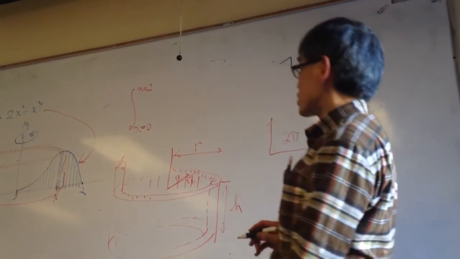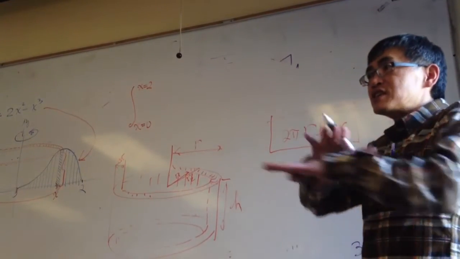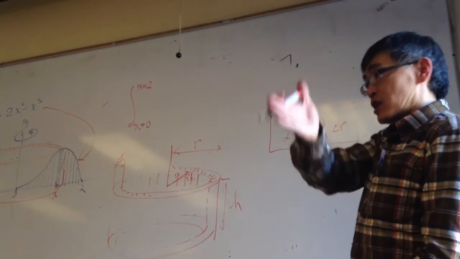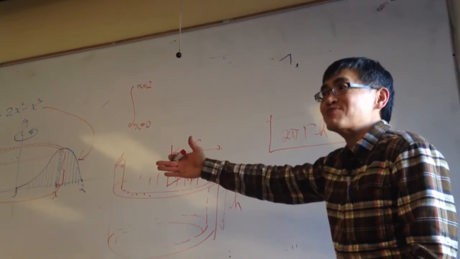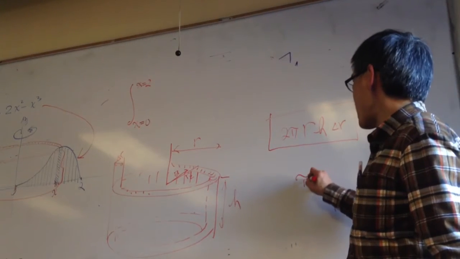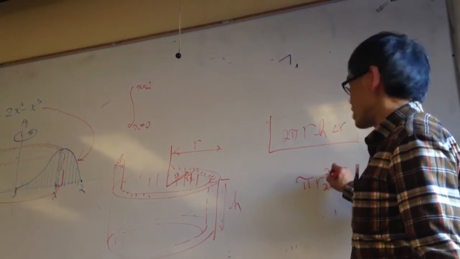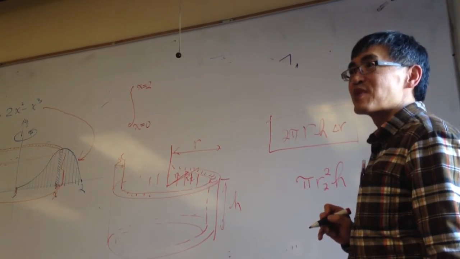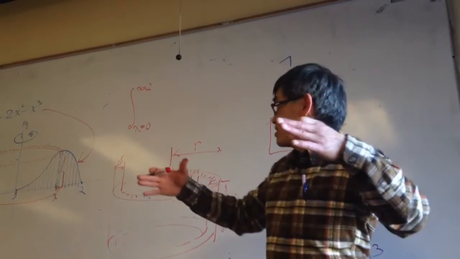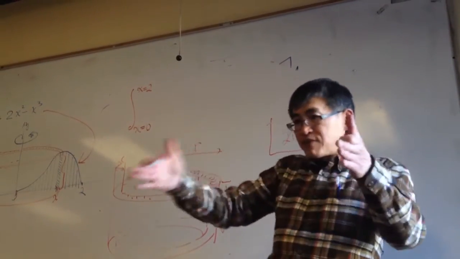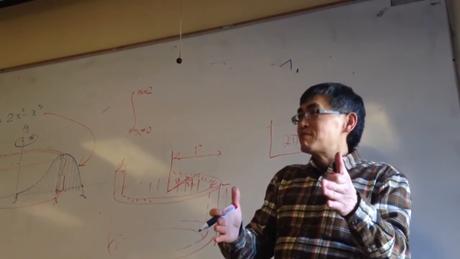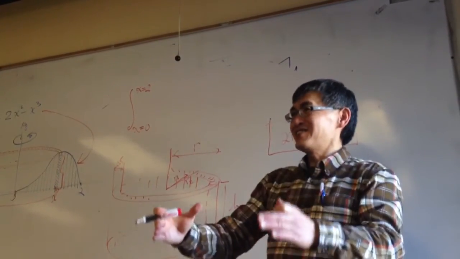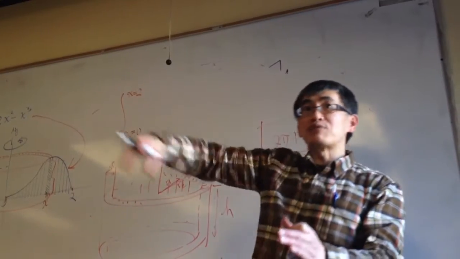And then you consider a solid cylindrical mass of height h and radius r2. And that will be pi r2 squared times h, correct? And then that one includes a shell and everything in it.